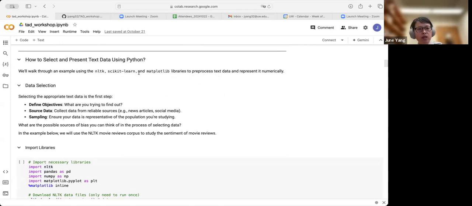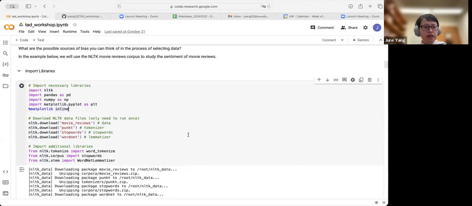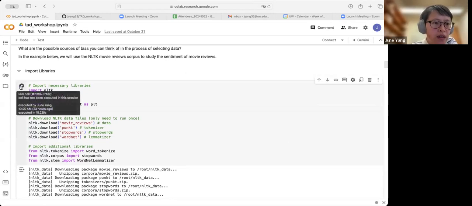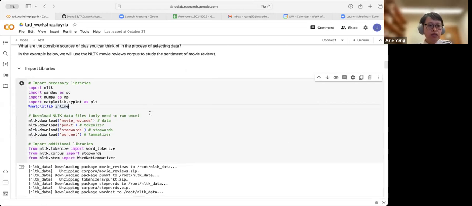We'll be mainly using all three packages, possibly also the word cloud package, to pre-process text data and represent it numerically. If you go to the cell below, feel free to run it by clicking on the triangle here on your Google Colab, or Mac users can press Shift and Return. So this cell will run automatically.